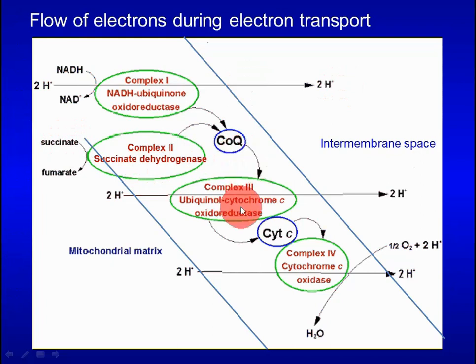Complex 3 passes electron to cytochrome C by reducing the heme in it. Cytochrome C passes electron to complex 4. Cytochrome C is oxidized. Both complex 3 and 4 pump proton to the intermembrane space.